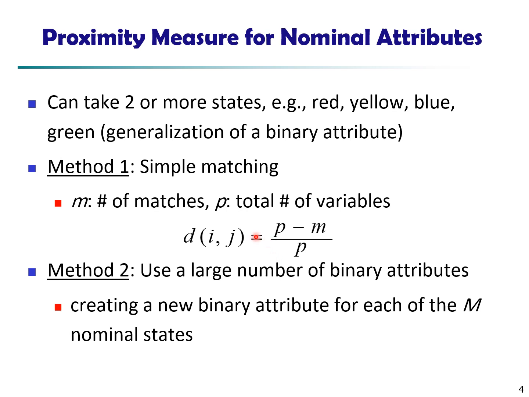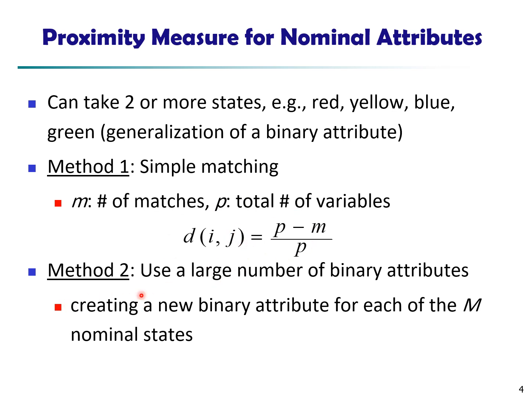If we have two attributes, P will be 2, etc. The M here represents the number of matches: how many attributes are the same between I and J. Using these values, we will calculate the dissimilarity between I and J. We will see an example towards the end of this lecture explaining this part.